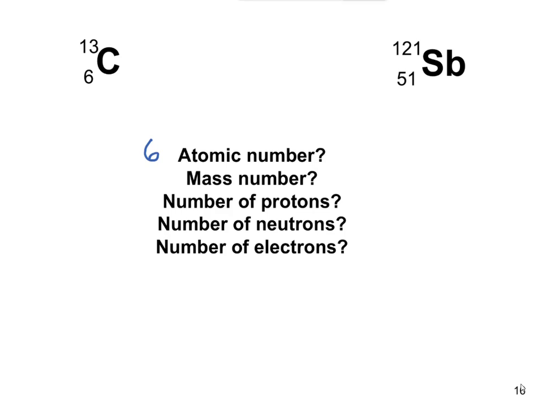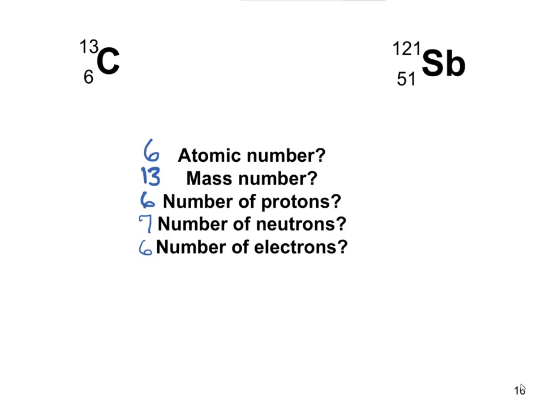The mass number is going to be 13. That's a number that has to be given to us, the larger of the two numbers. The number of protons is the same as the atomic number. The number of electrons is the same as the number of protons because it's neutral. The number of neutrons is the mass number minus the number of protons, because protons plus neutrons has to equal the total mass. So in this case, it would be 7.